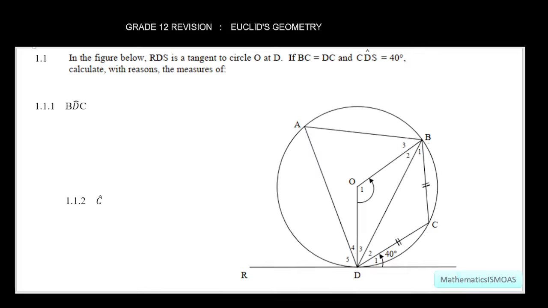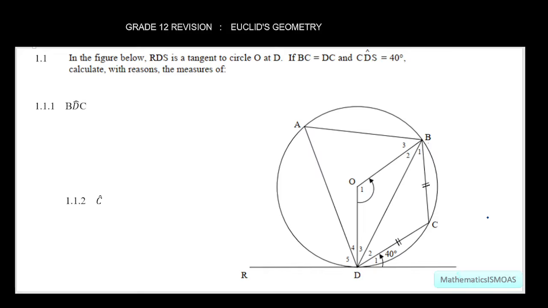BDC, it is this angle, which is angle D2. Then we see that angle D2 is equal to angle B1. We have already identified that D2 is equal to B1, angles opposite equal sides, because triangle BCD is an isosceles triangle.